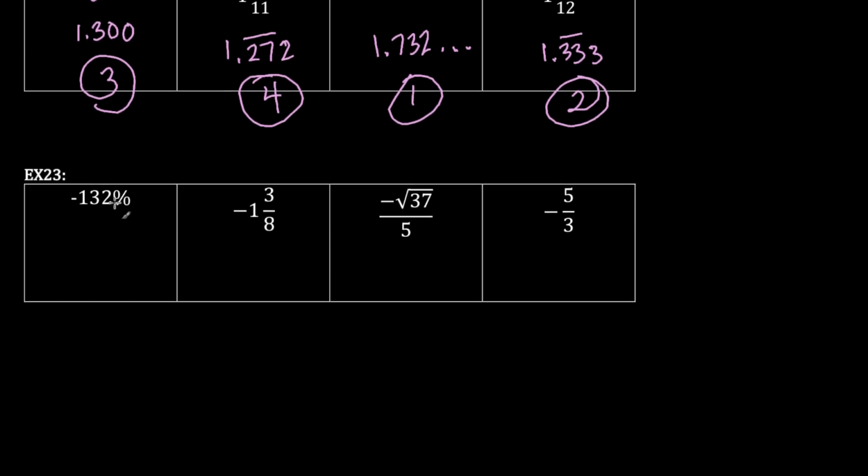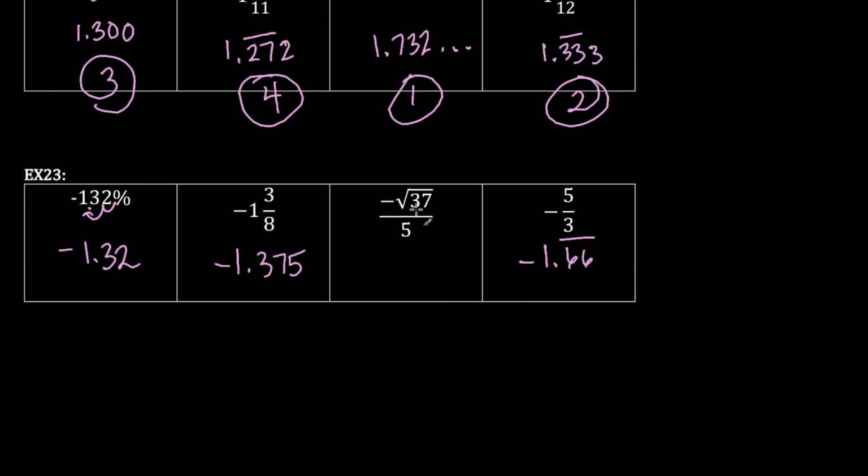All right, decimal 1, 2, so negative 1.32. 3/8, we've done that a bunch of times. You know how to do it by now. So negative 1.375. And this negative 5/3 is negative 1.66 repeating. But this one is something I will need to check out in the calculator.